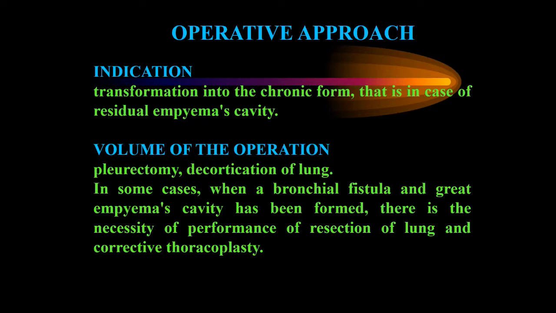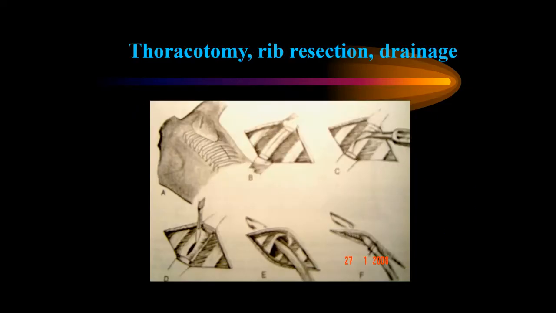In some cases, when a bronchial fistula and a great empyema cavity have formed, there is the necessity of resection of the lung and corrective thoracoplasty. In this picture you can see the stages of this operation: thoracotomy, rib resection, and putting the drainage into the thoracic cavity, and after that fixing it to the skin.